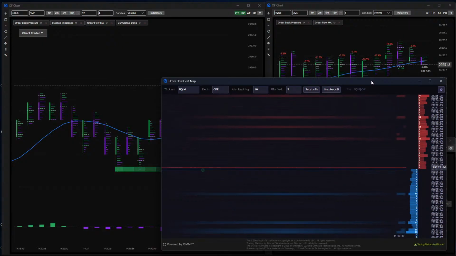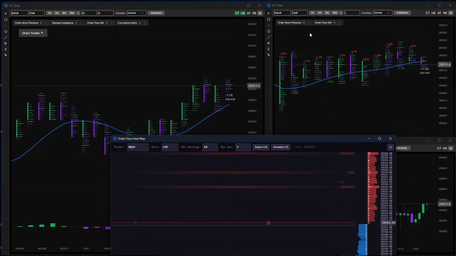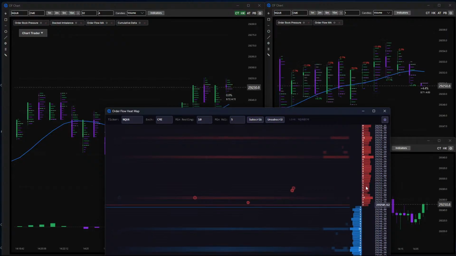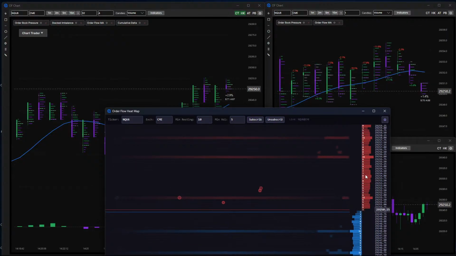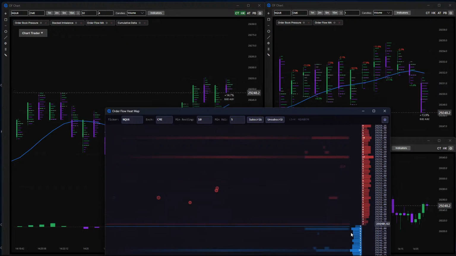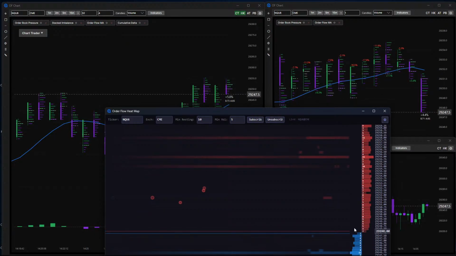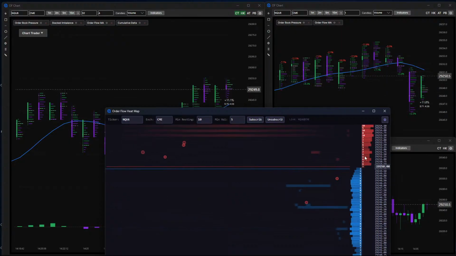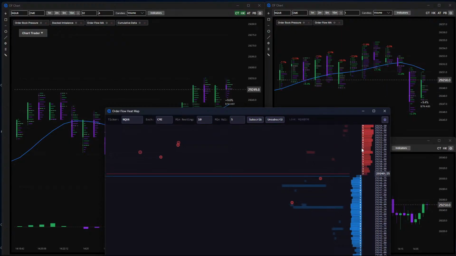I have it set for 12 levels. So it's 12 levels up, and it's summing up all the red right here, which are the offers. That's the ask, and the blue are the bids, the people that are buying. So it's going 12 levels up and 12 levels down, summing up all the bids, and then summing up all the asks, and then it's getting the percentage.